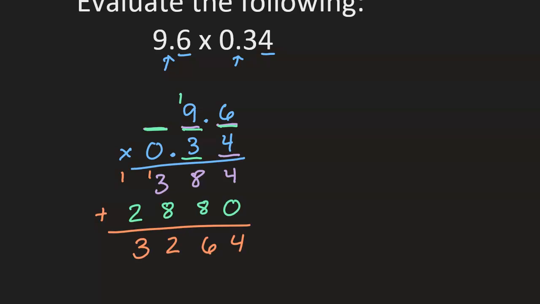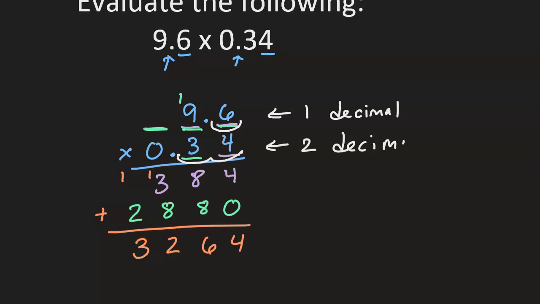Now, when we're multiplying, to figure out where the decimal place goes, we count the number of decimal places in our original two numbers, our original two decimals. The decimal place from the right-hand side is 1 place over. In 0.34, our decimal is 1, 2 to the left.